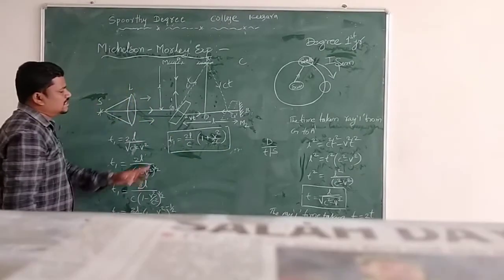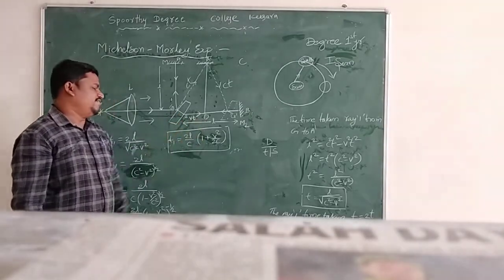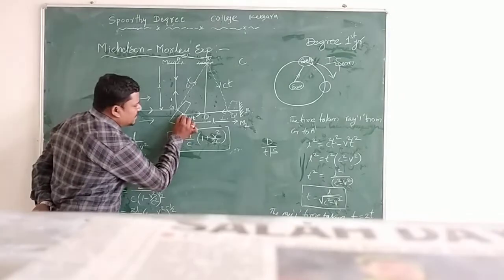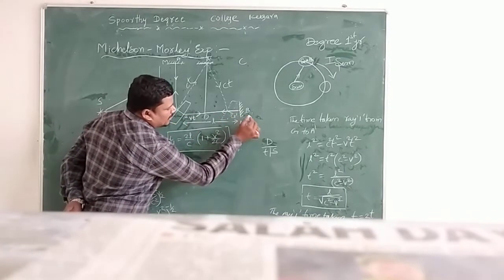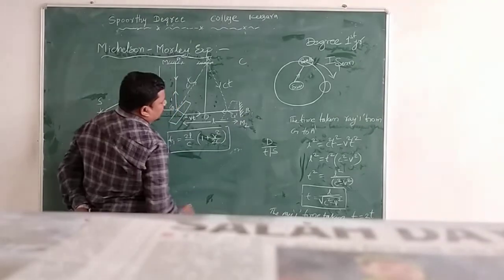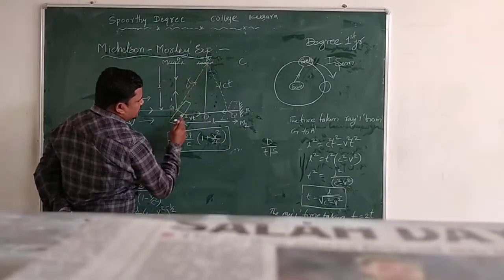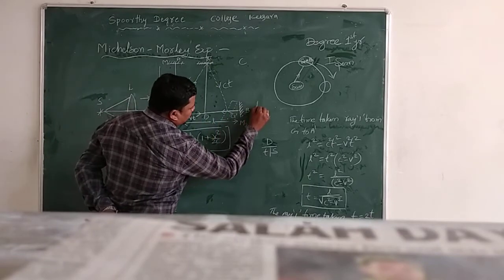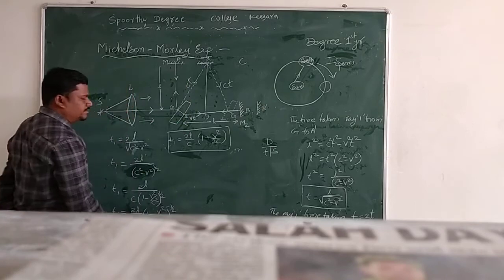Next, the second ray, that is the refracted ray. The refracted ray is traveling from G to mirror M2. Then this is A to A dash, G to G dash, and B is also the same, B prime or B dash.